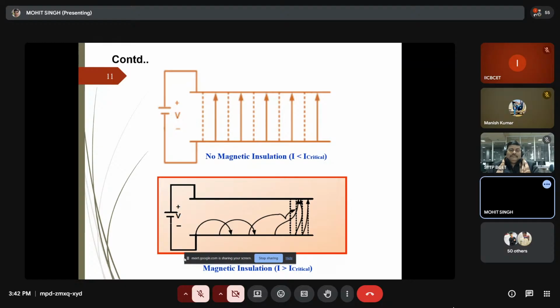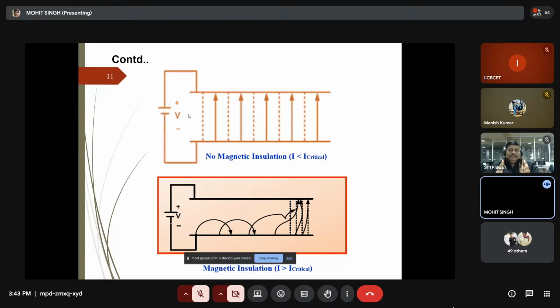In the above diagram, the potential difference which was created is not enough to generate the self-generated magnetic field. It is generating a magnetic field, but not enough to create the magnetic insulation.